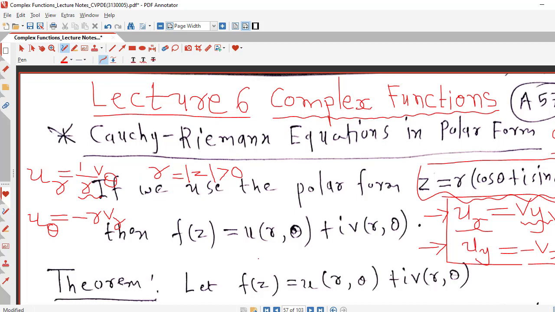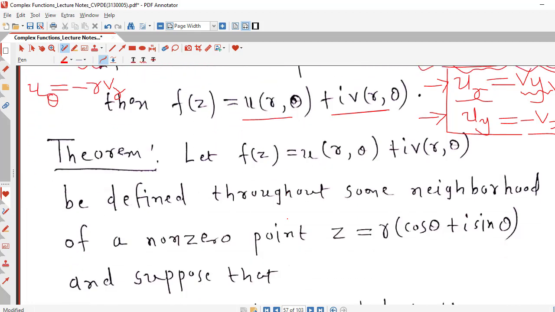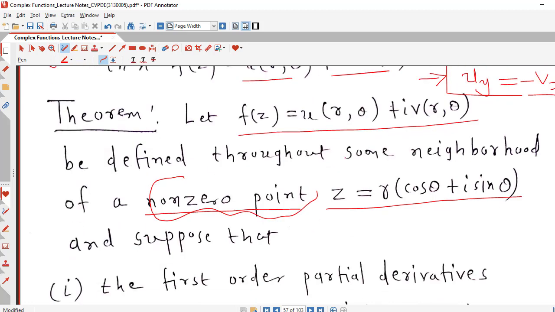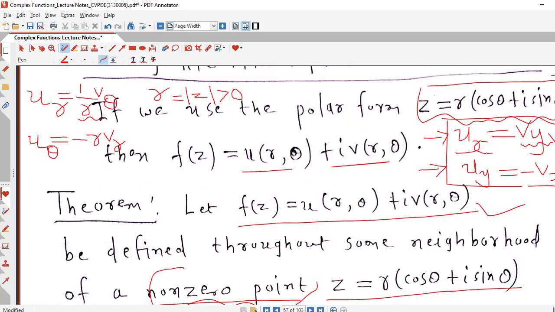So if our function is f of z equal to u plus iv, where u and v are functions of r and theta, and z is r into cos theta plus i sin theta, a non-zero complex number, then under which conditions is this function differentiable? The conditions are the same as in Cartesian coordinates.